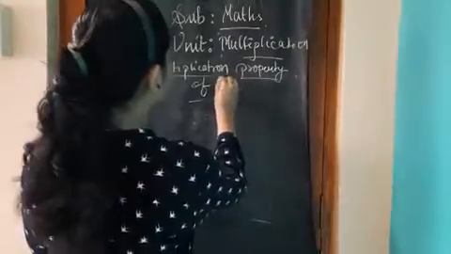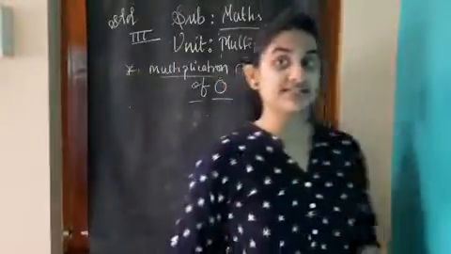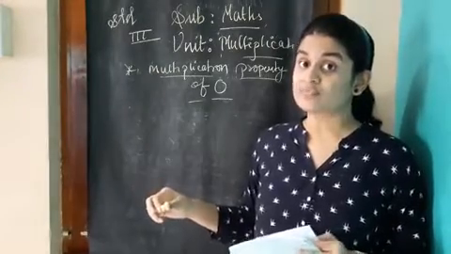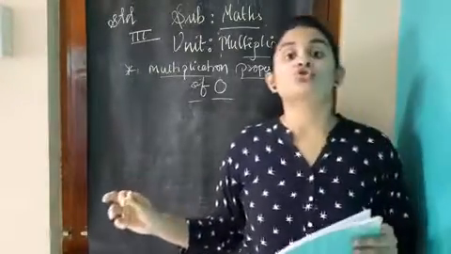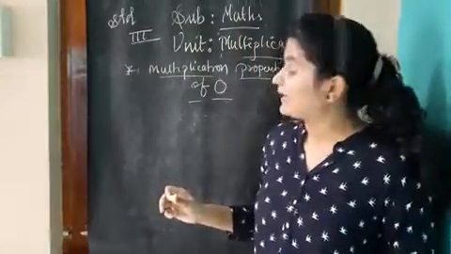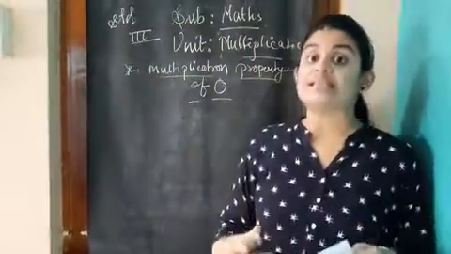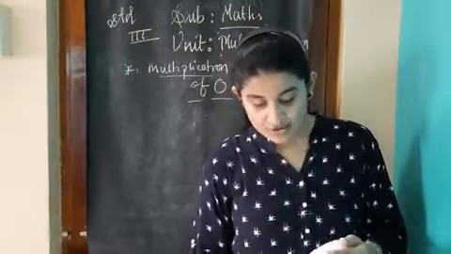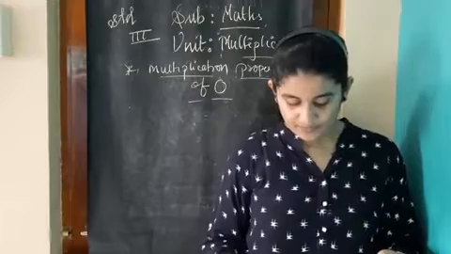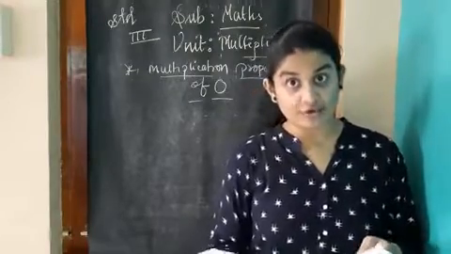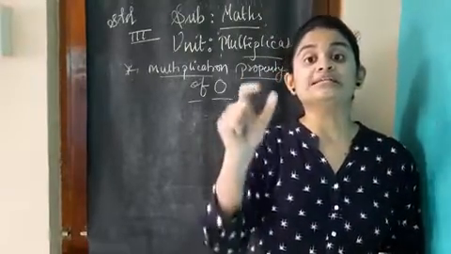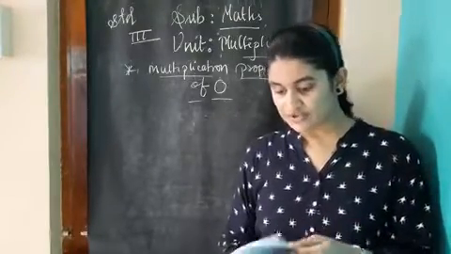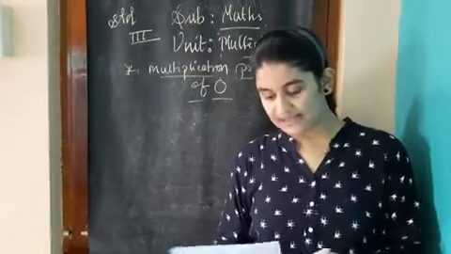So can you tell me in this property what we do? Yes. Whenever we multiply a number with 0, the answer will be 0 only. So let us see some of the examples.